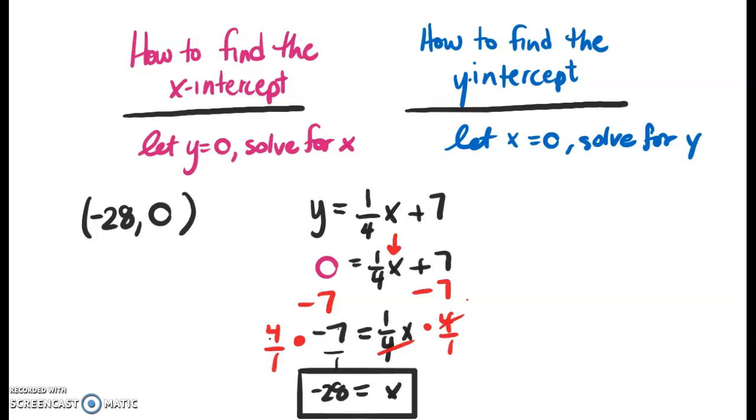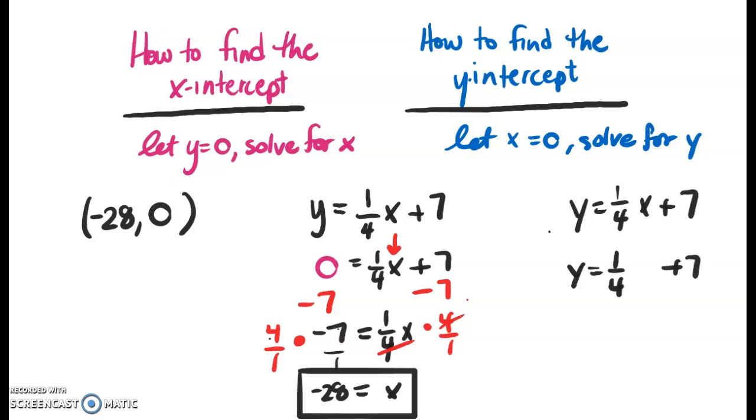To find the y-intercept, what you do is you write your equation, and then you're going to replace the x with 0.